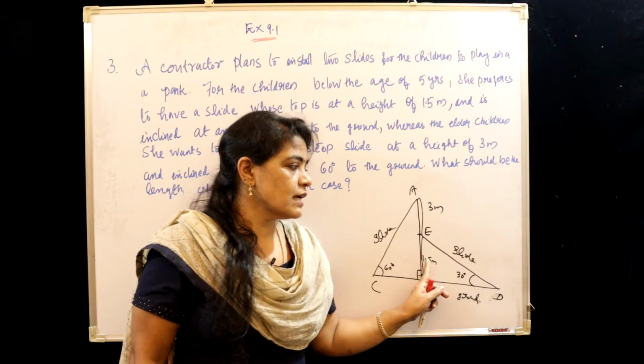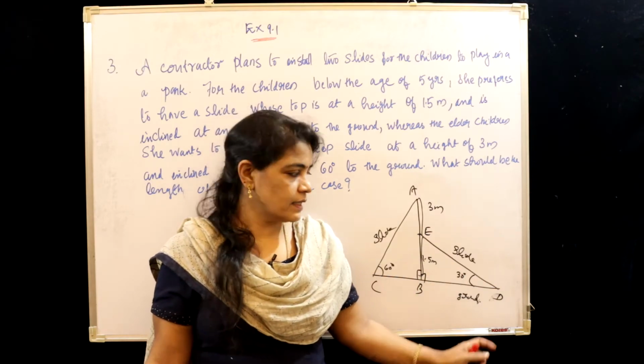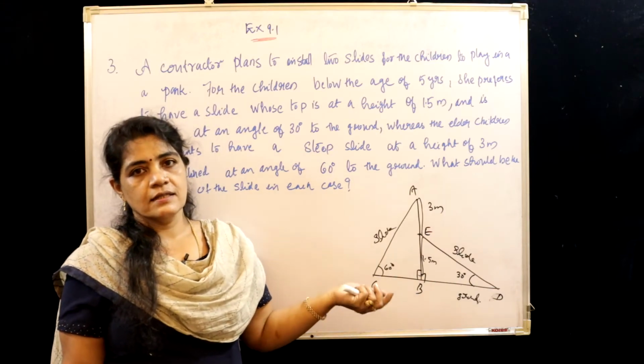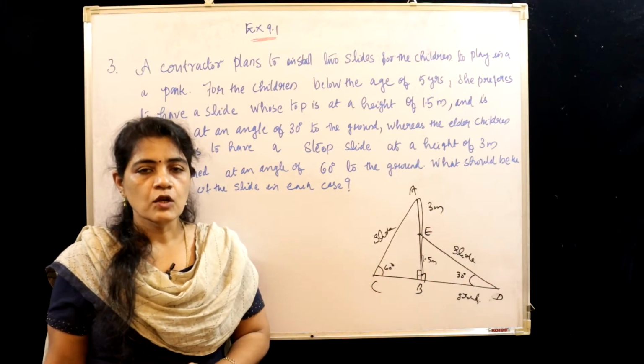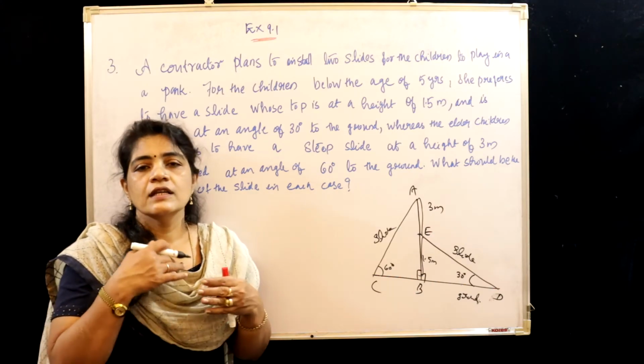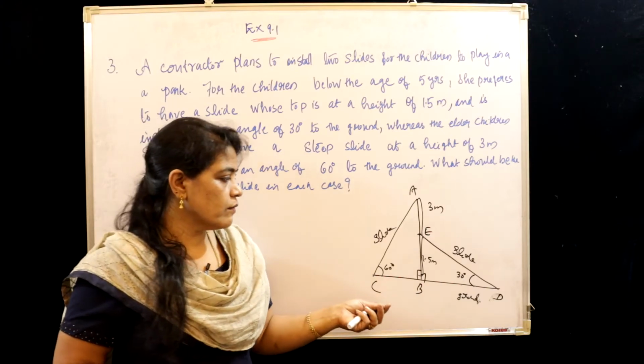So opposite side with hypotenuse, in both cases you can take sine. Here it is sine 30, and since here the angle is 60 degree, sine 60 degree. Idea is clear, children? So separately we can consider 2 right triangles and easily reach the required length of the slide. So one by one we can solve.